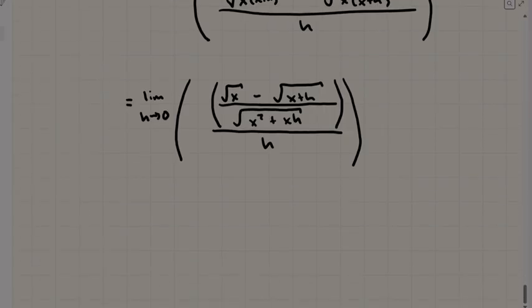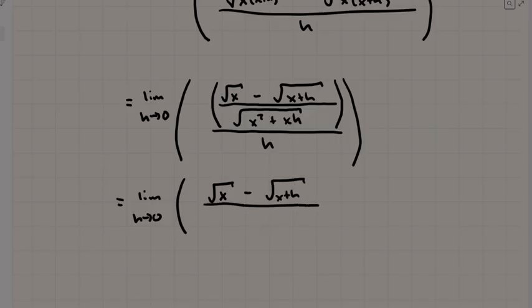Rather than having three fractions, we can combine the denominator of our numerator with the denominator. It'll make it a little easier for us. Okay, so then we'll just have square root of x minus square root of x plus h divided by h times the square root of x squared plus xh.